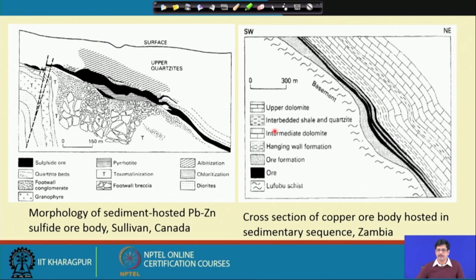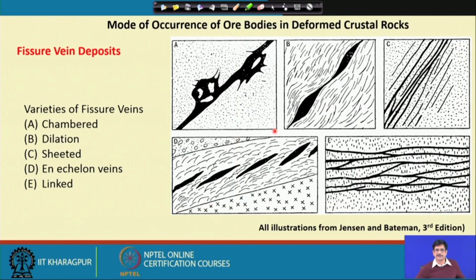It needs a lot of methods for ascertaining the three-dimensional structure, which will be a topic of discussion in some of our subsequent lectures. This class of mode of occurrence is known as the fissure vein deposits.